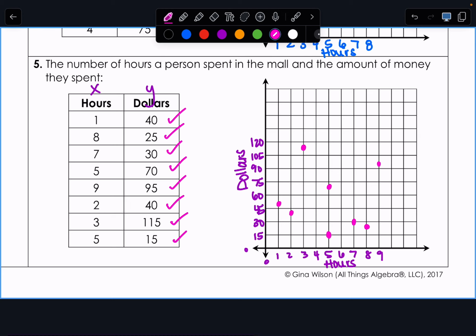What do you think about our data? Does it have a relationship? I heard a bunch of mumbles. Does it look like we put salt and pepper on our mashed potatoes? Yeah, it does. There is no relationship. It's not trending in a line.